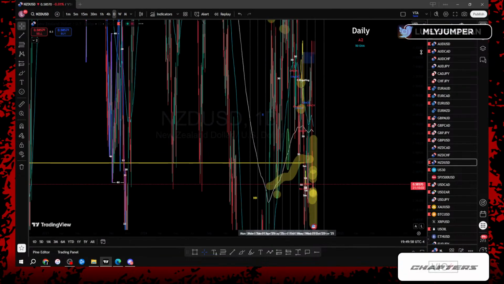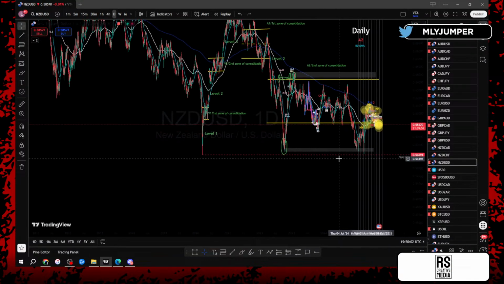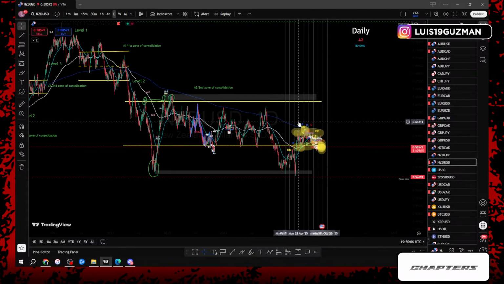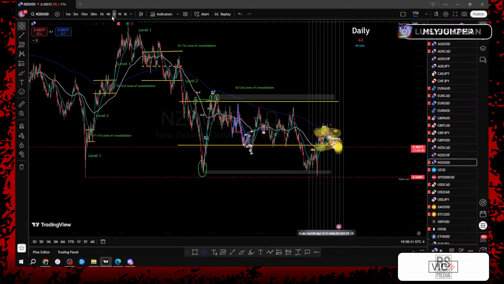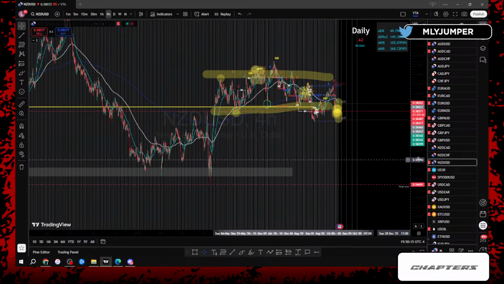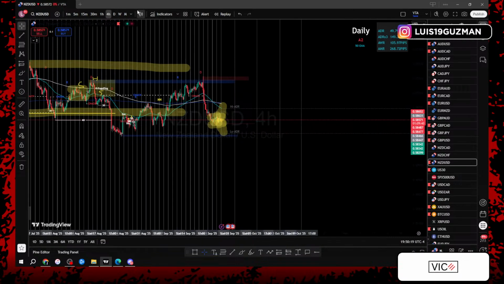NZD USD. We are in A2, second zone consolidation on a downtrend. No continuations on the daily, stuck in a zone of consolidation on the 4-hour. Stuck in the lower low, looking for that lower high to be set.